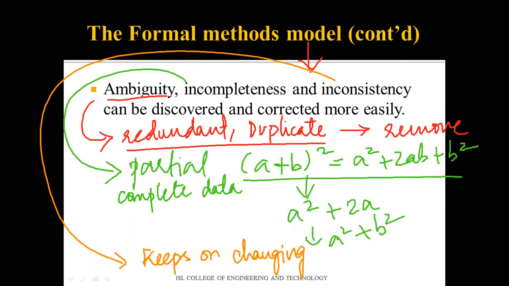Now if one time you run the performance, it is giving you some 70%, sometimes it is giving you 50%. So any type of inconsistencies, this can be based upon your performance or your data, should not be inconsistent. It should not keep on changing. So this formal methods model is going to remove the ambiguity, the incompleteness and inconsistencies within the data, which might sometimes go undetected.